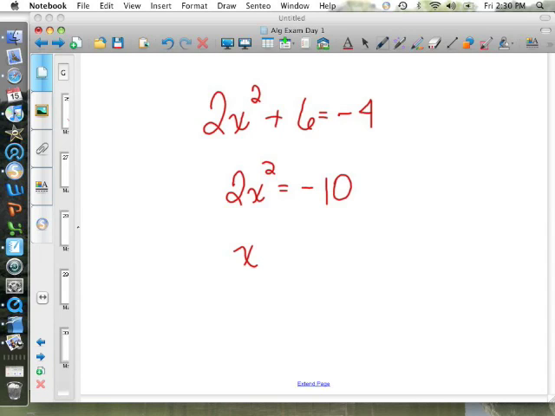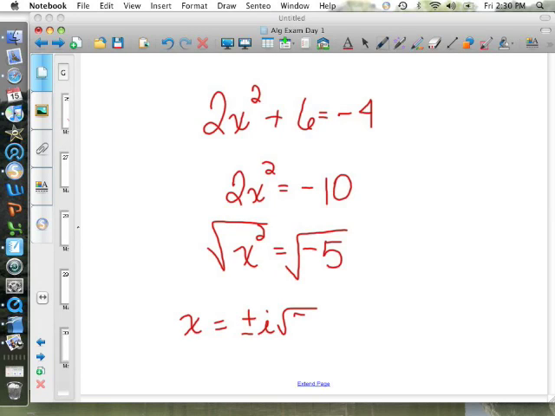So x squared equals a negative number. It's imaginary. We had to take a square root of both sides, so we show both the plus and the minus. There's a negative under the radical, which is an imaginary number, and 5 cannot be reduced any further.